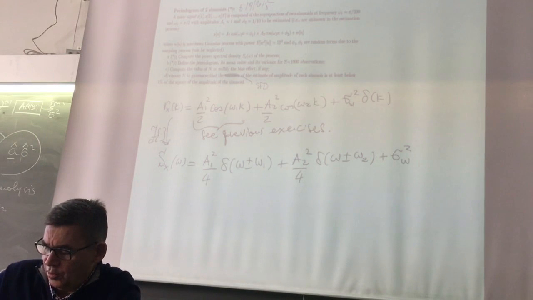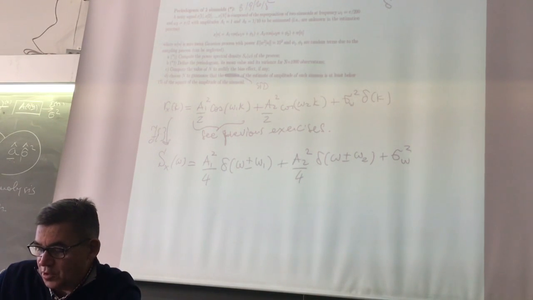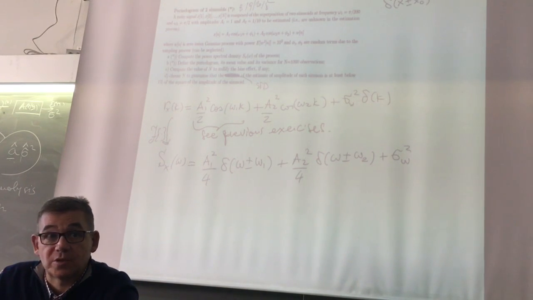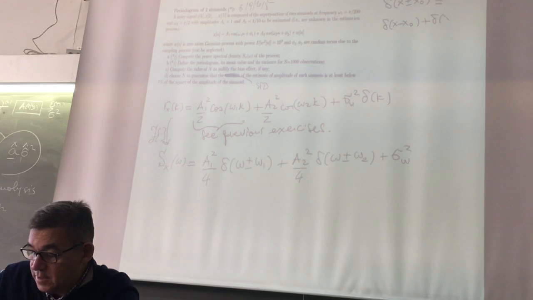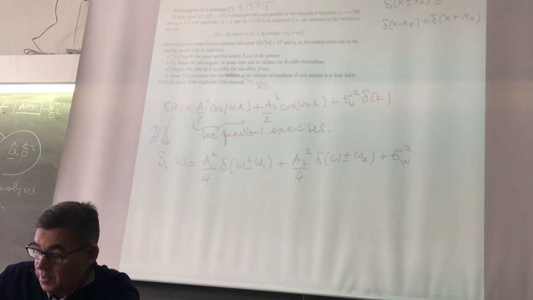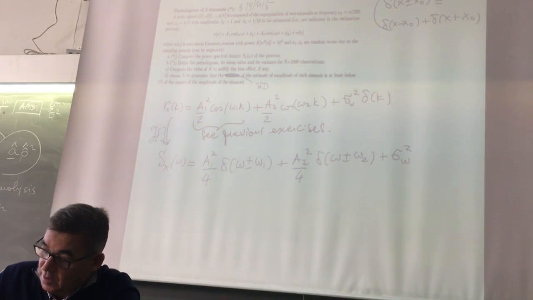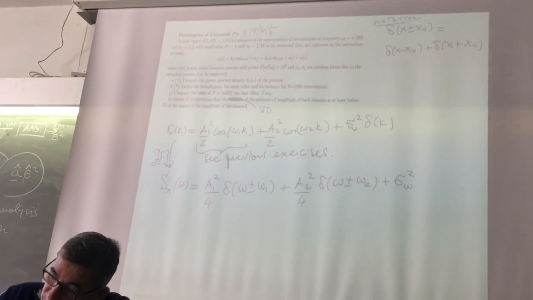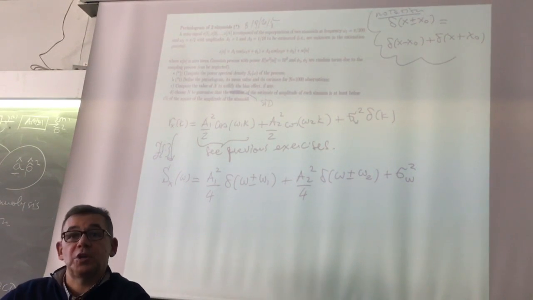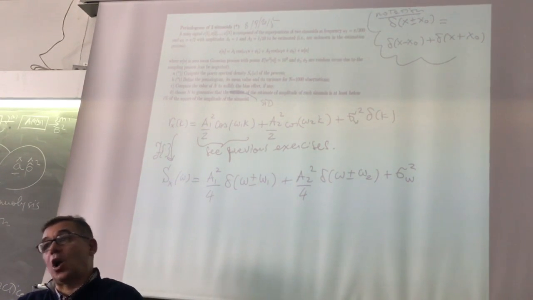I don't know if I told you, but when I write delta of x plus minus x0, this notation stands for delta of x minus x0 plus delta of x plus x0. It's just a notation that I'm going to use to write compactly.